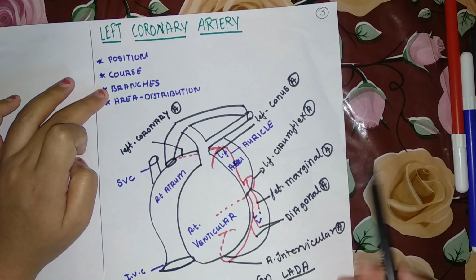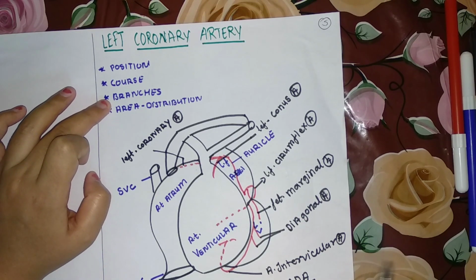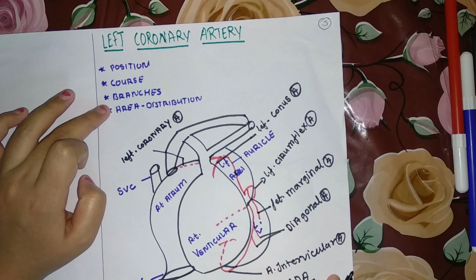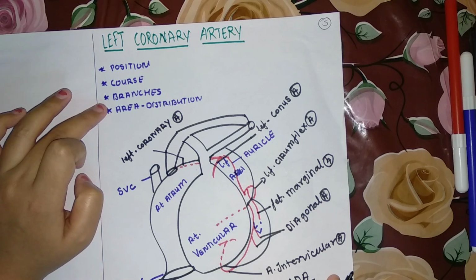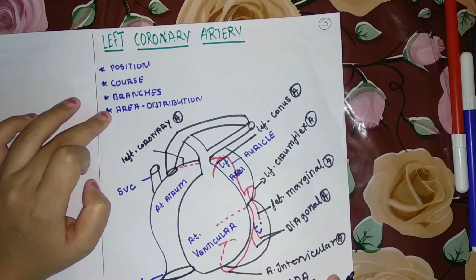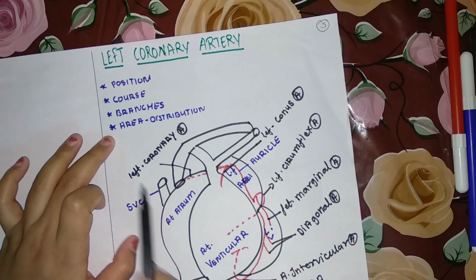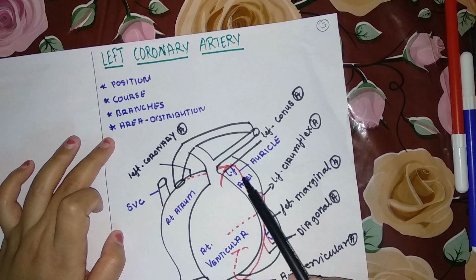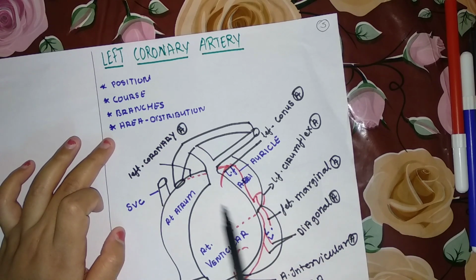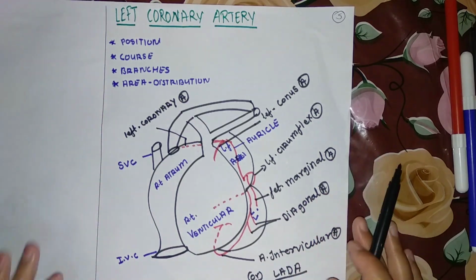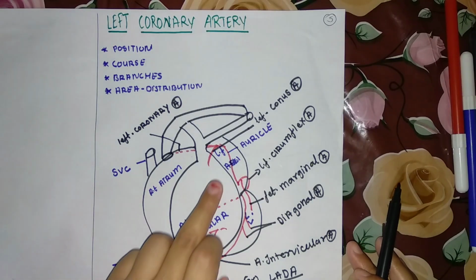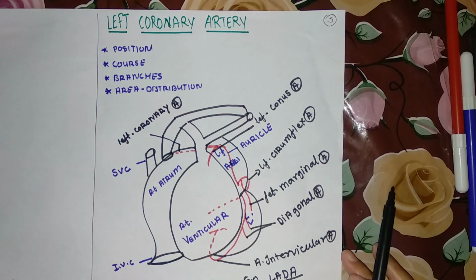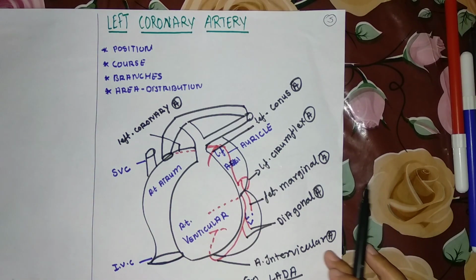If you know the right coronary artery branches, you automatically know the left coronary artery branches. Then for area of supply, the left coronary artery supplies the left side of the heart, the left auricle and the left ventricle.